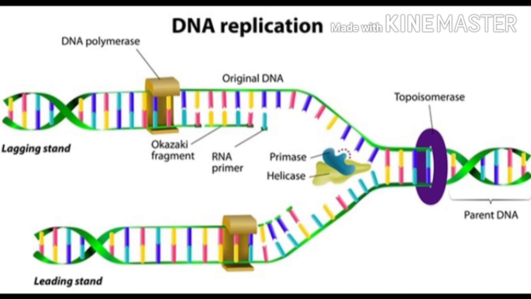A special type of DNA polymerase enzyme called telomerase catalyzes the synthesis of telomere sequences at the ends of DNA. Once completed, the parent strand and its complementary DNA strand coil into the familiar double helix shape. In the end, replication produces 2 DNA molecules, each with 1 strand from the parent molecule and 1 new strand.